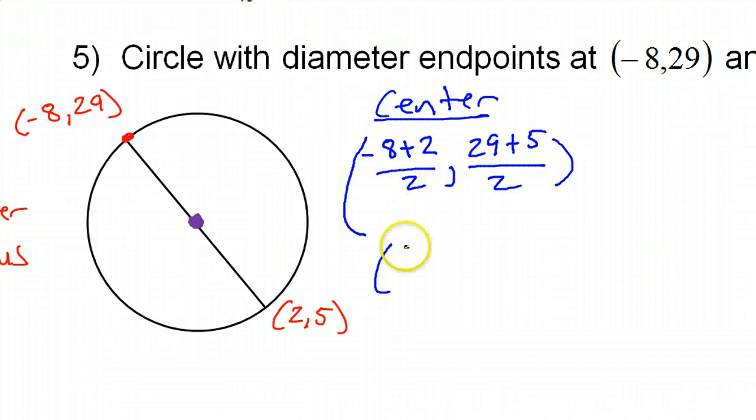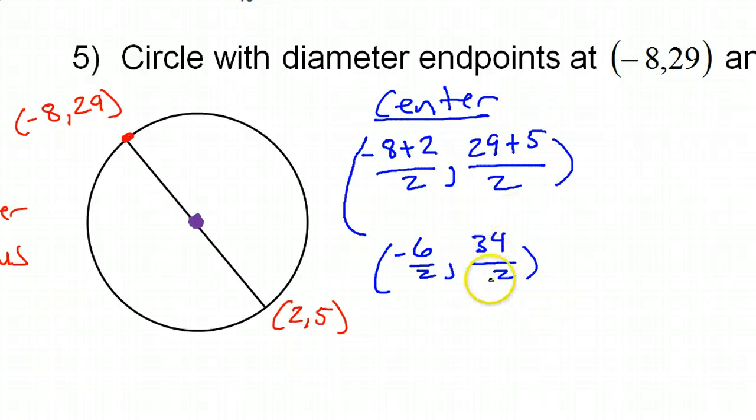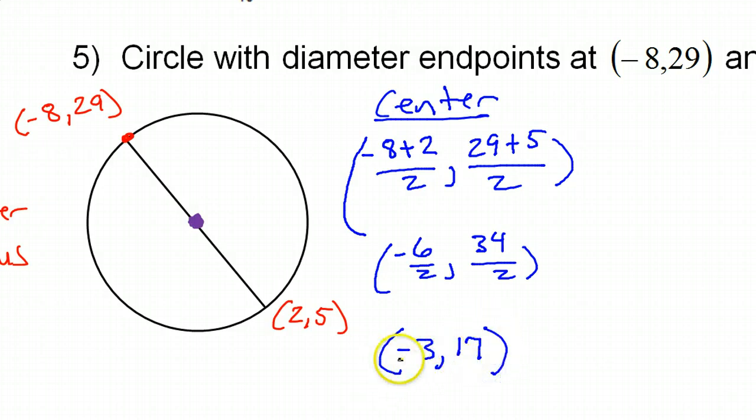So this is going to be -6 divided by 2, and this is going to be 34 divided by 2. And finally this is going to give me -3, 17. So this is the center. -3, 17.